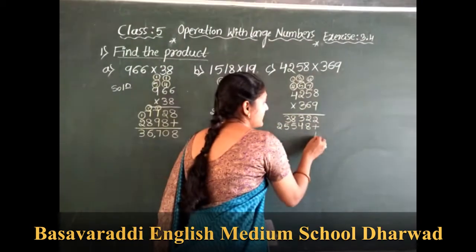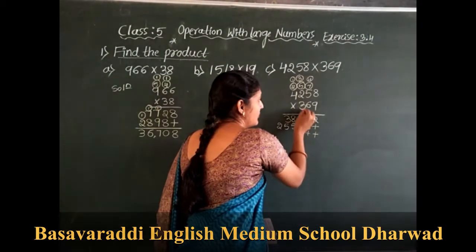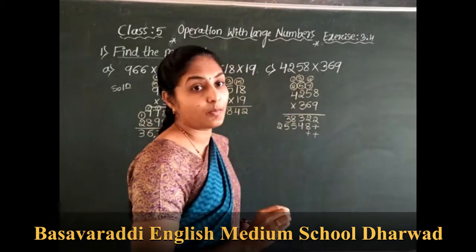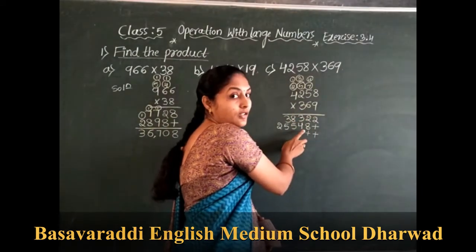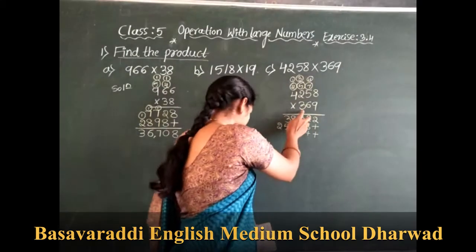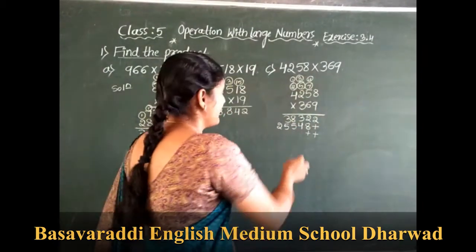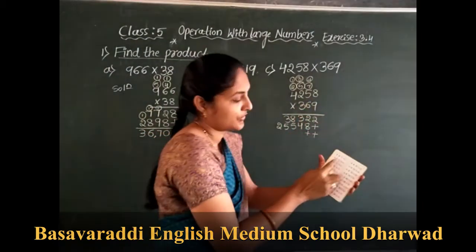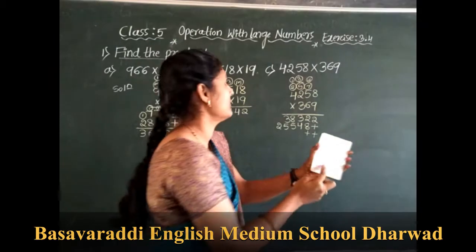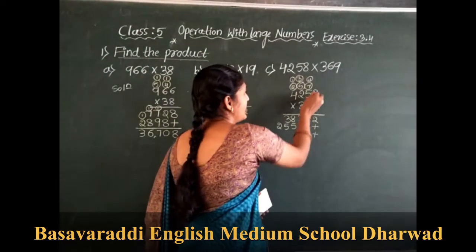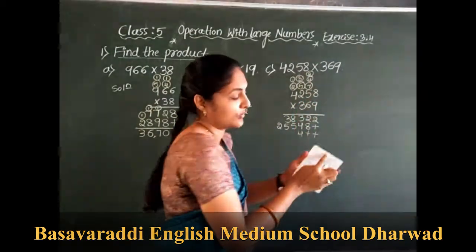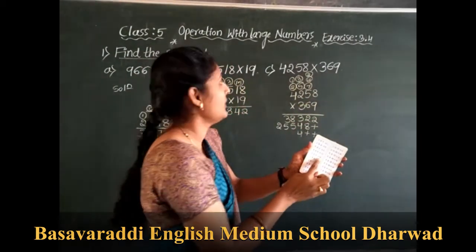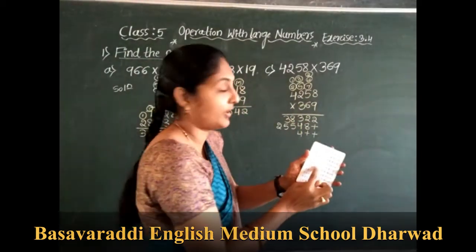Next we are doing the hundreds place multiplication. So we have to write the product answer from the hundreds place. So 3. The 3 8s are 24. So 4 is here, 2 carry over. 3 fives are 15. 15 plus 2 is 17.